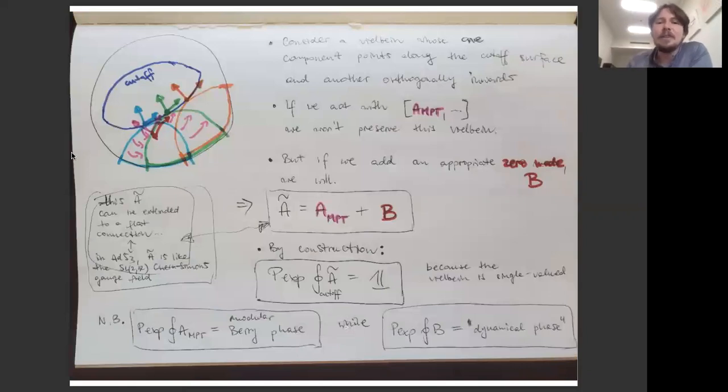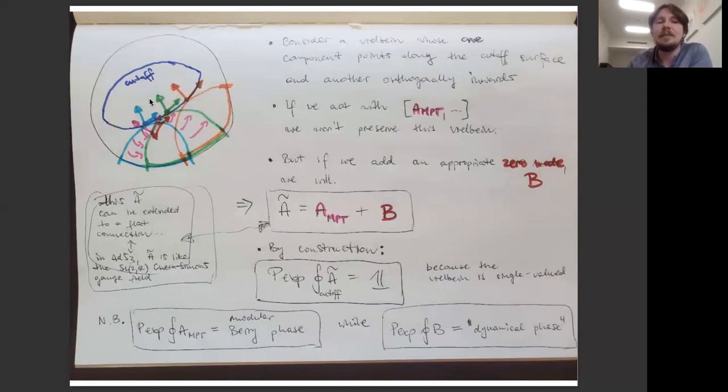One more ingredient that I will need is, imagine that there's a vielbein in the bulk. And the vielbein is not just an arbitrary vielbein. It's such that I have one component which points along the RT surface, that's these arrows that I have drawn here, and then another component, which is orthogonal, which points directly into the interior in the same spatial slice.